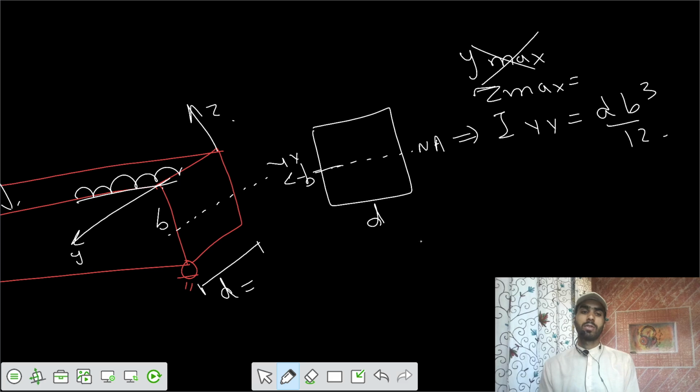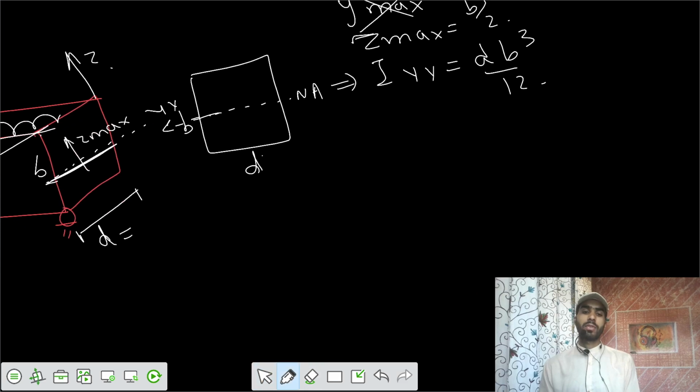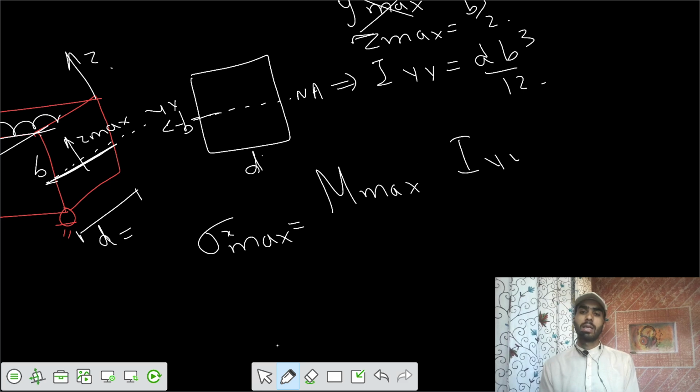The neutral axis is this one, so the value of Z max equals B by 2. So now the maximum bending stress, sigma max, in the x direction because of the loading that's perpendicular to the y direction, equals moment max into Z max by IYY.